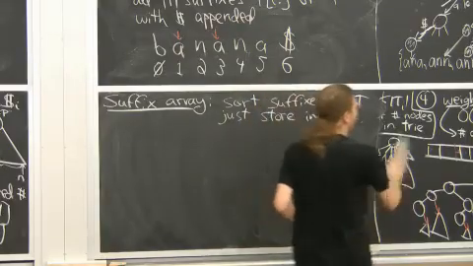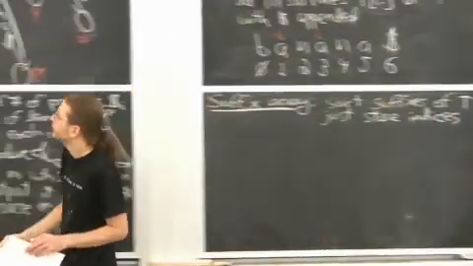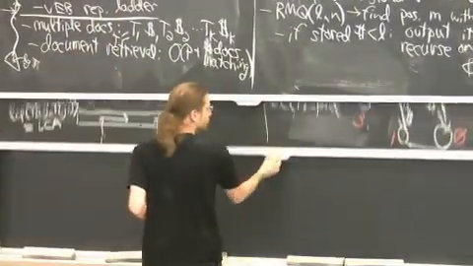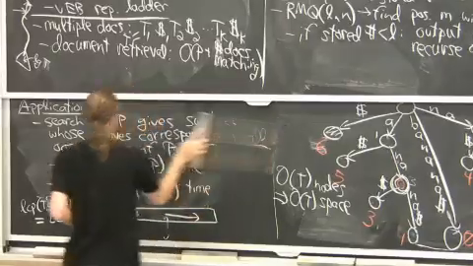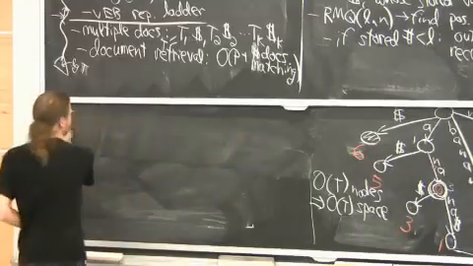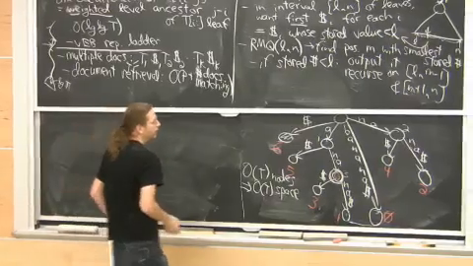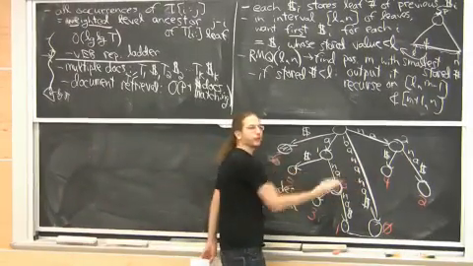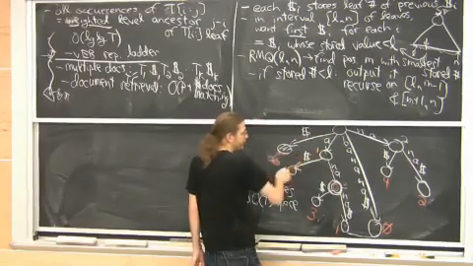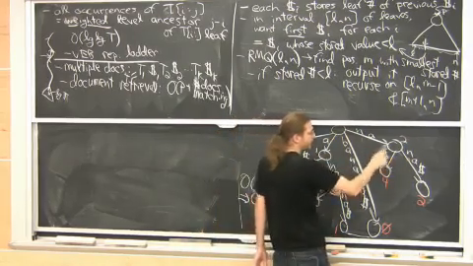Okay, let's do this for banana. Actually, they're already here in sorted order, if $ sorts first. First suffix is $, then a$, then ana$, then ana$, then banana, then na$, then na$.